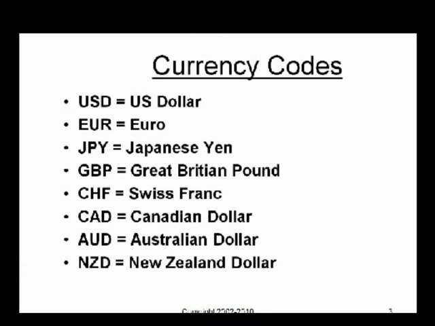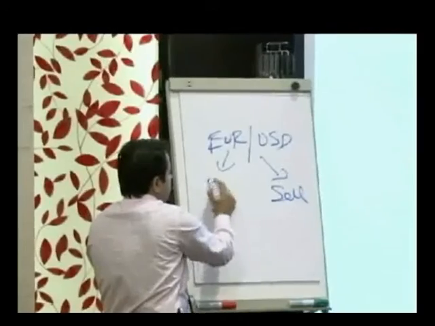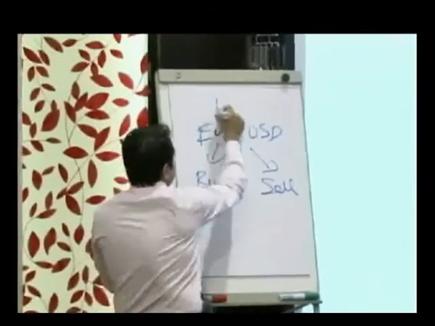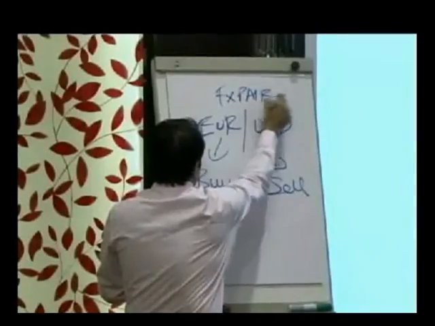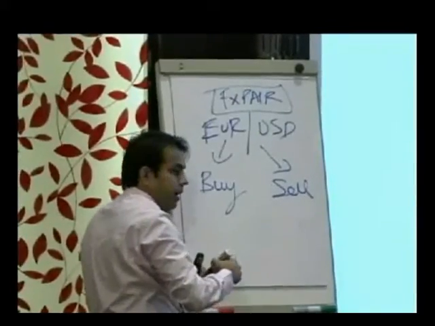So for example, if it's Euro US, when you're giving US, you're selling. When you're receiving Euro, you are buying. So currency is always a pair.